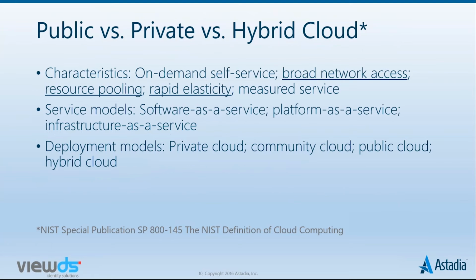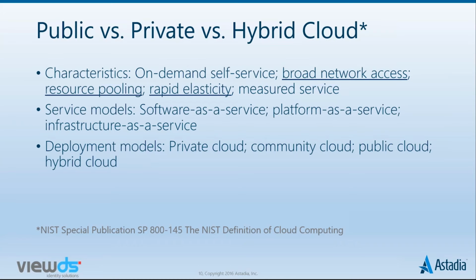So before diving into why identity in the cloud era is different, I'd like to be clear about what cloud computing really means and what its important dimensions are. NIST has a really great document that they published recently, which provides a set of definitions regarding cloud computing.